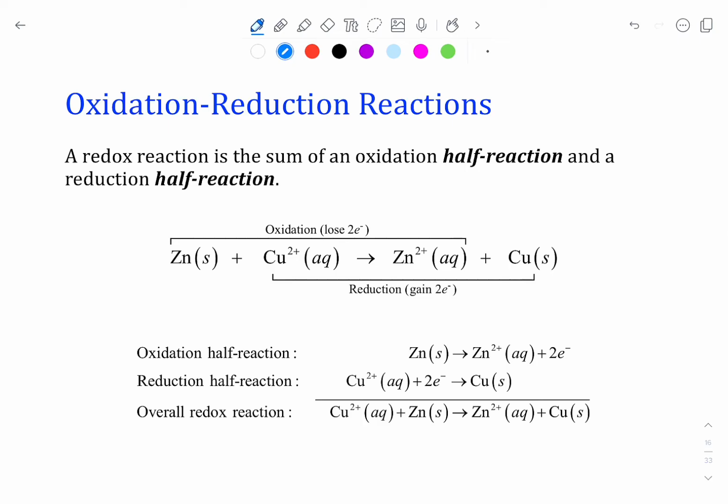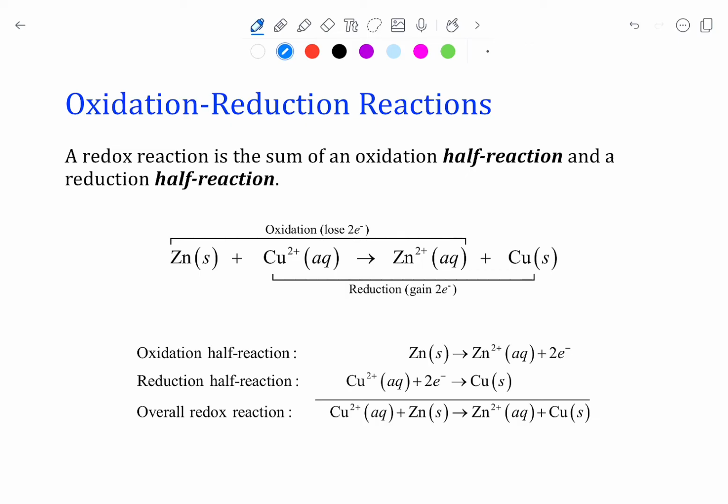A redox reaction overall is the sum of an oxidation half reaction and a reduction half reaction. So half reactions are just showing for that specific metal or that specific compound what is happening to the electrons. So it's really just showing half of the reaction that's going on.